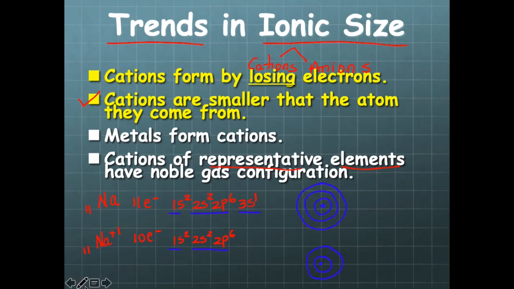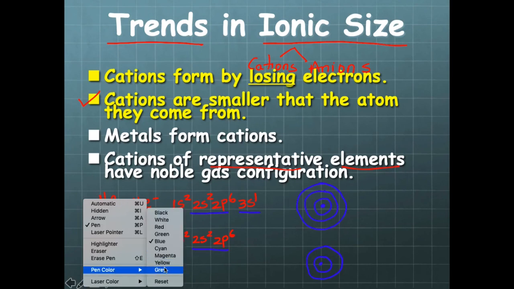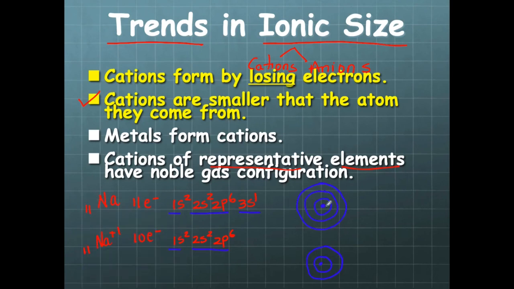Okay, so let's represent the electrons. So we have 1 and 2 here, and 1, 2, 3, 4, 5, 6, 7, 8, and there is only 1 in the third energy level. This one, 1, 2, 1, 2, 3, 4, 5, 6, 7, and 8.